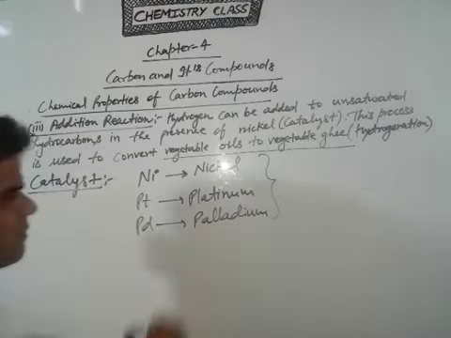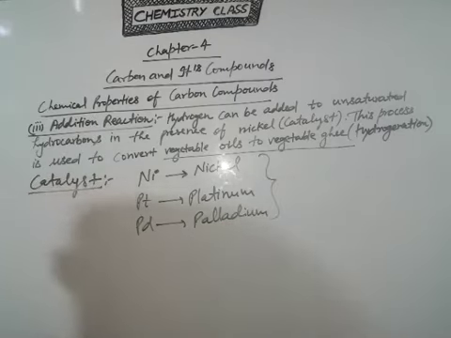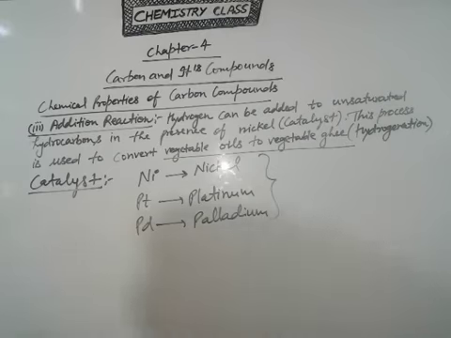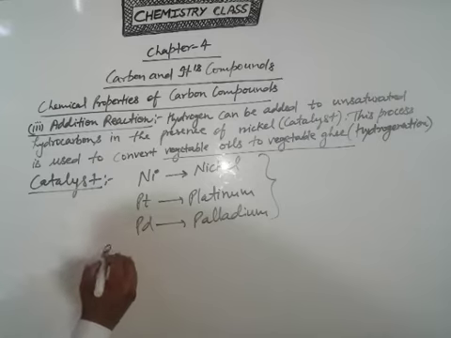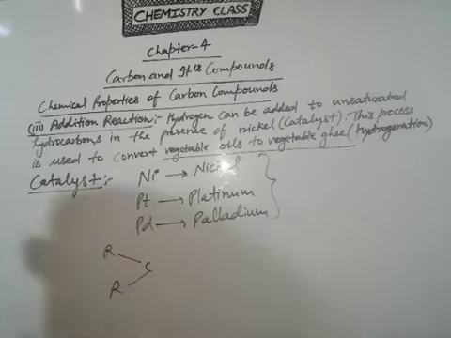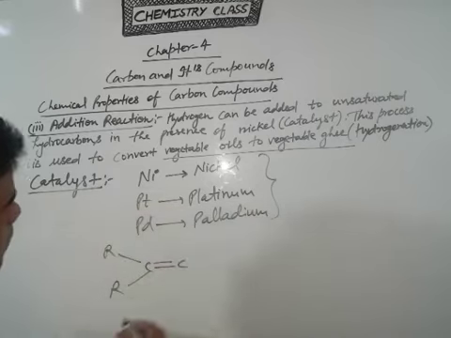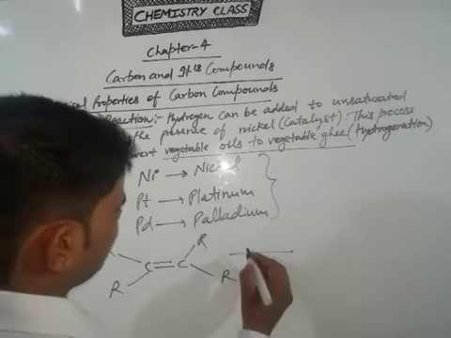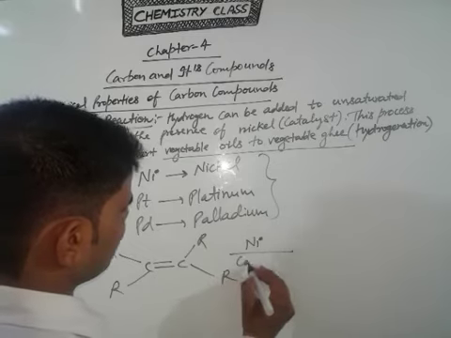These are the catalysts. Clear? So students, in this case a double bond is required. First of all we will discuss the important reaction, in which vanaspati oils convert into vanaspati ghee in the presence of a nickel catalyst.